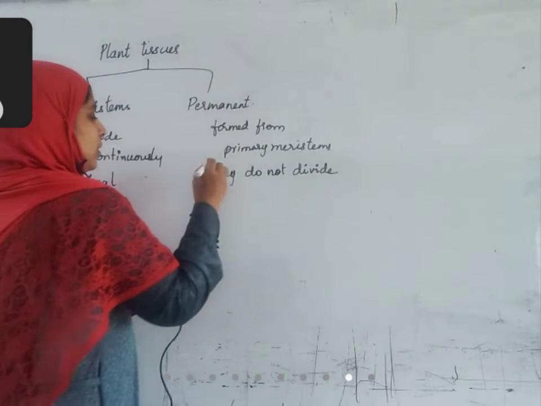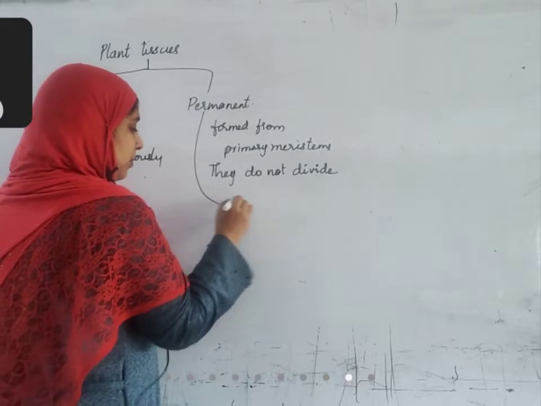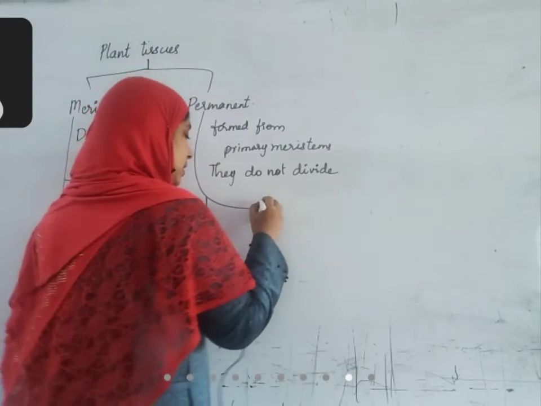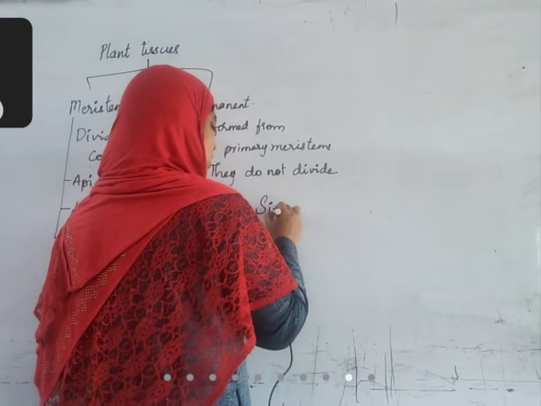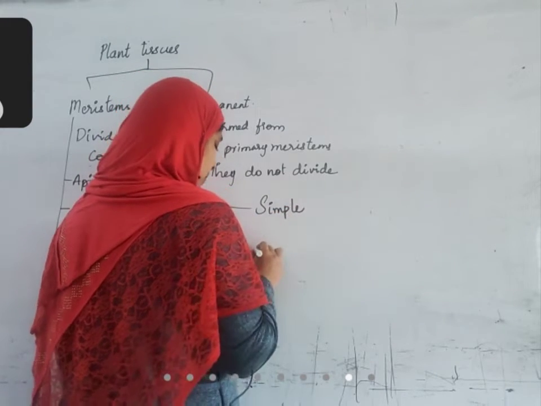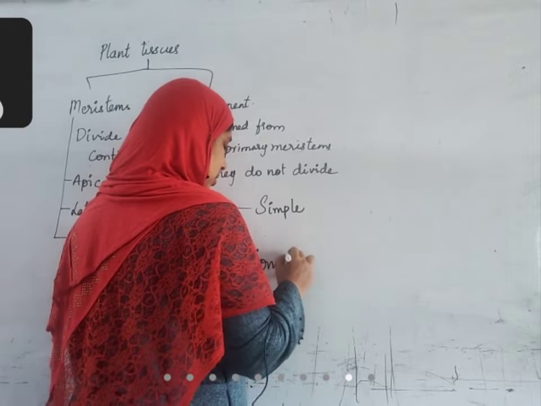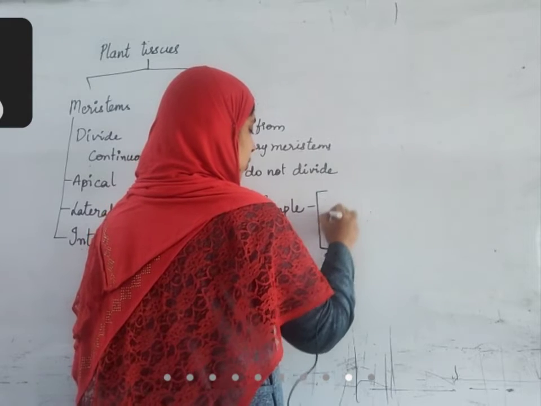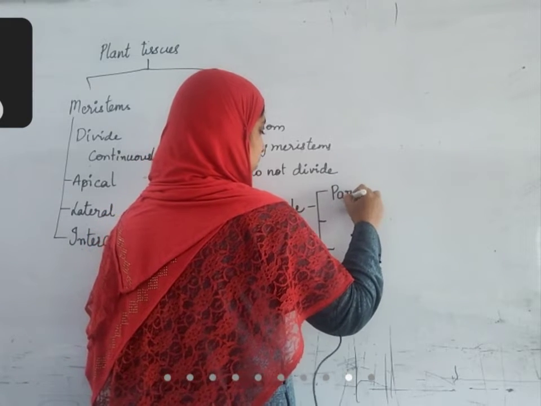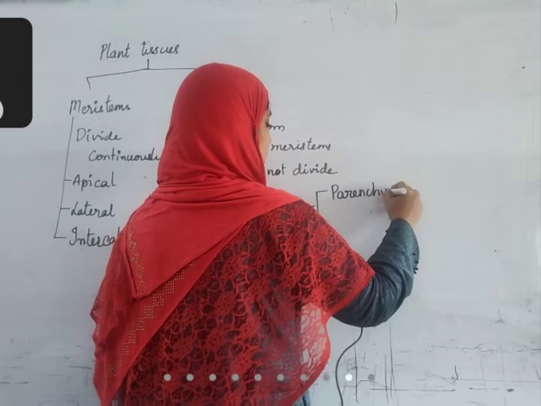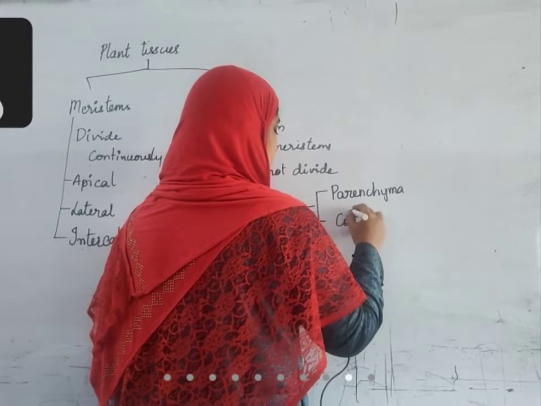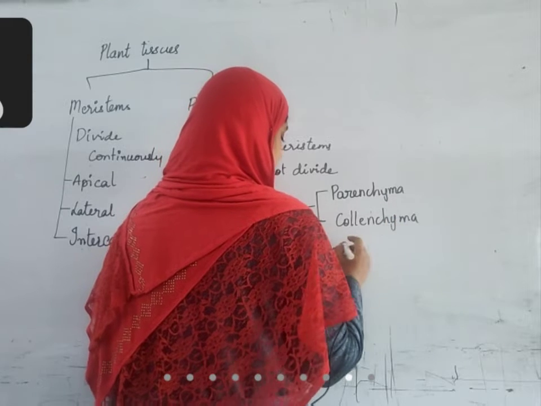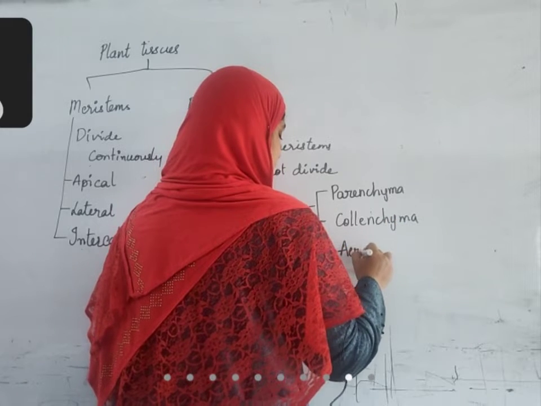Okay. So today we'll study about permanent tissues. Permanent tissues are divided into simple permanent tissues and complex permanent tissues. Simple permanent tissues are divided into parenchyma, collenchyma, sclerenchyma.